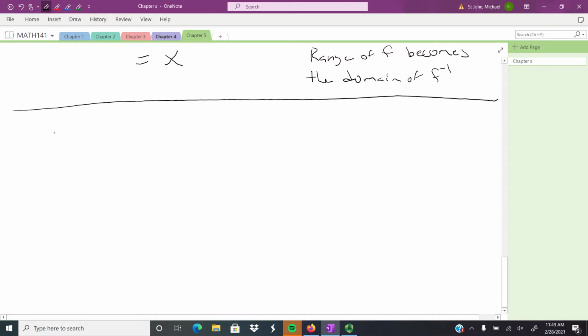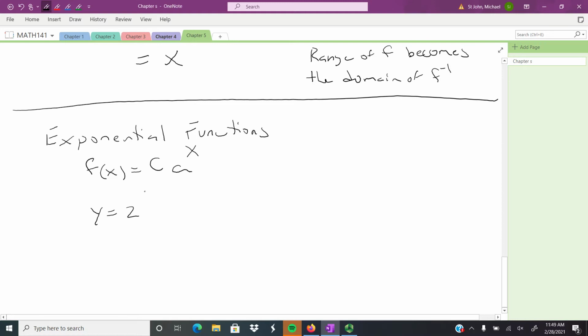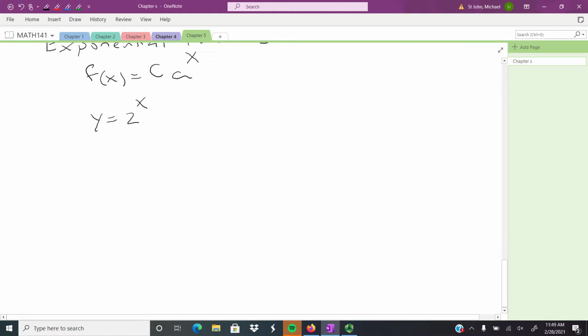Well, then the chapter talks about exponential functions. So something in this form, f of x equals c a to the x. Exponential. Right? So my basic exponential being y equals 2 to the x.